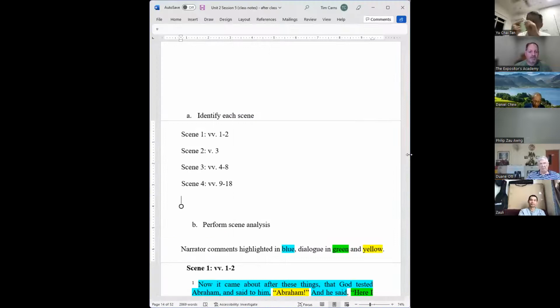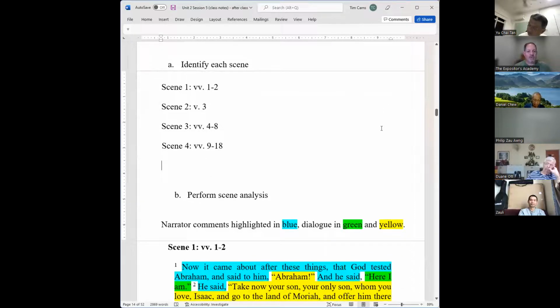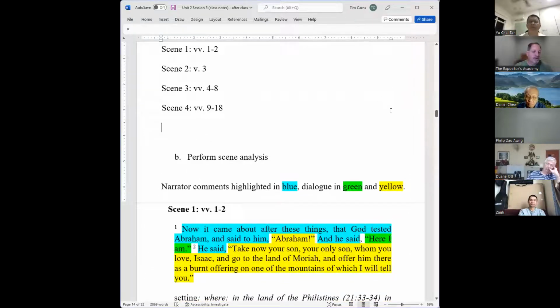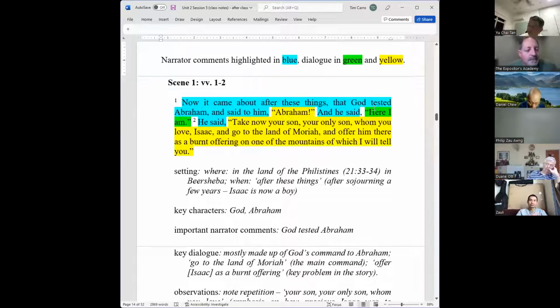And then after we identify those scenes, we want to go through each scene and look for those six particular details that I mentioned. Now here what I've done for each scene that we identified, and what sometimes helps me visually, is to identify the different characters in the story. I identify what the narrator says, and I put that in this light blue color. And then I identify what the characters say.